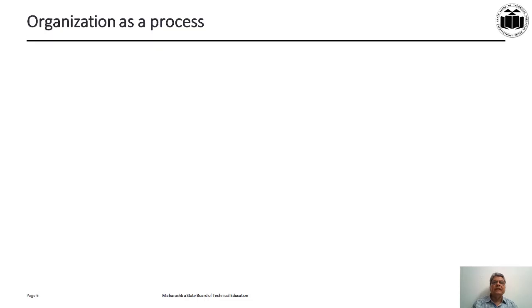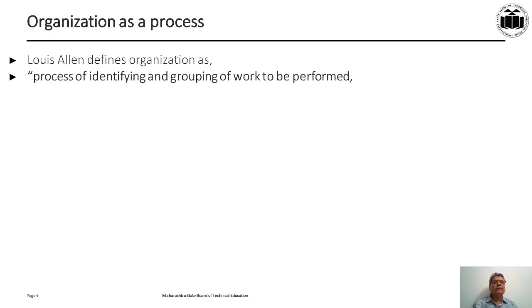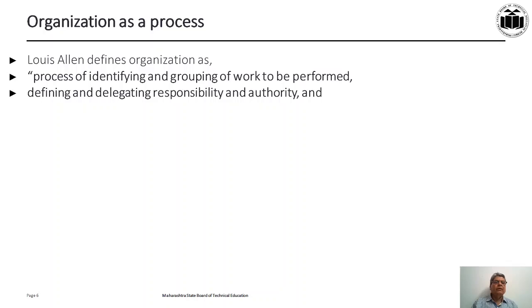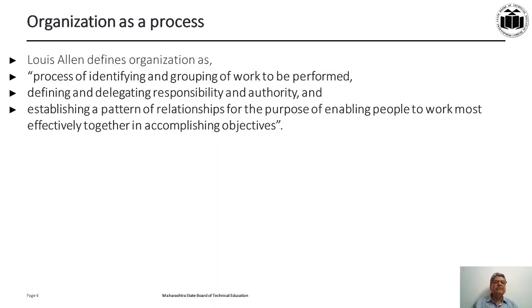Now, organization as a process. Lewis Allen defines organization as the process of identifying and grouping the work to be performed, defining and delegating responsibility and authority, and establishing a pattern of relationship for the purpose of enabling people to work most effectively together in accomplishing objectives.